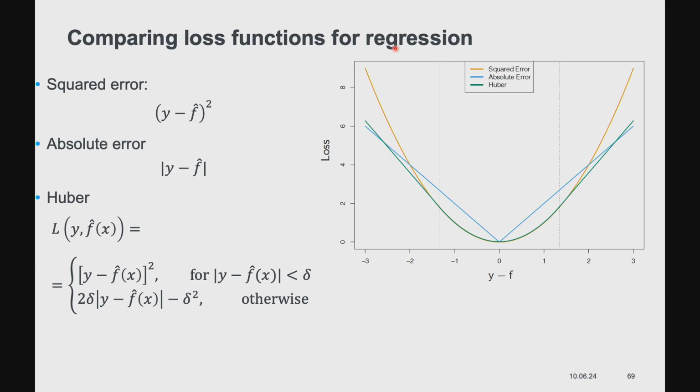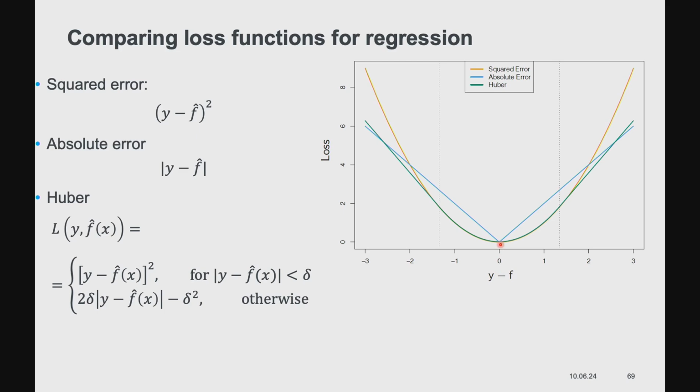Okay, so when we have loss functions for regression, then of course we are interested in y minus f. The distance between our true value y and our prediction f should be as small as possible. And it's optimal when there's a zero distance. That's quite clear. So all loss functions should have a zero loss for a zero distance.